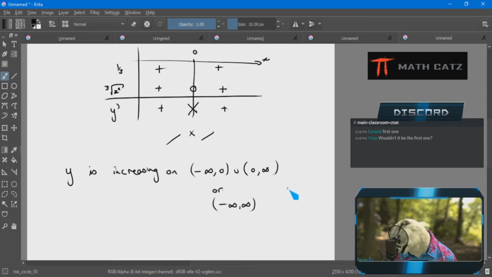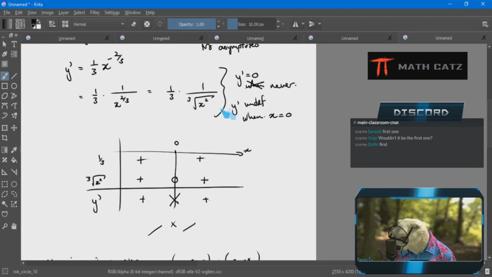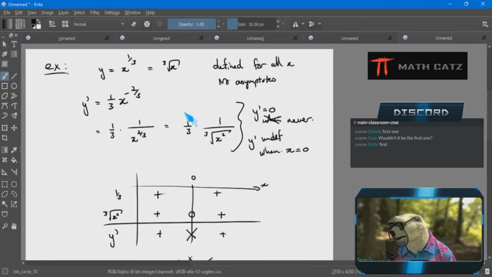I agree it's one of them. This is the first or the second. And this is where I need to train myself to remember all conclusions I am making is in regards to the original function. And you see here, even though the derivative is undefined at 0, which clearly it is, the original function is defined everywhere.